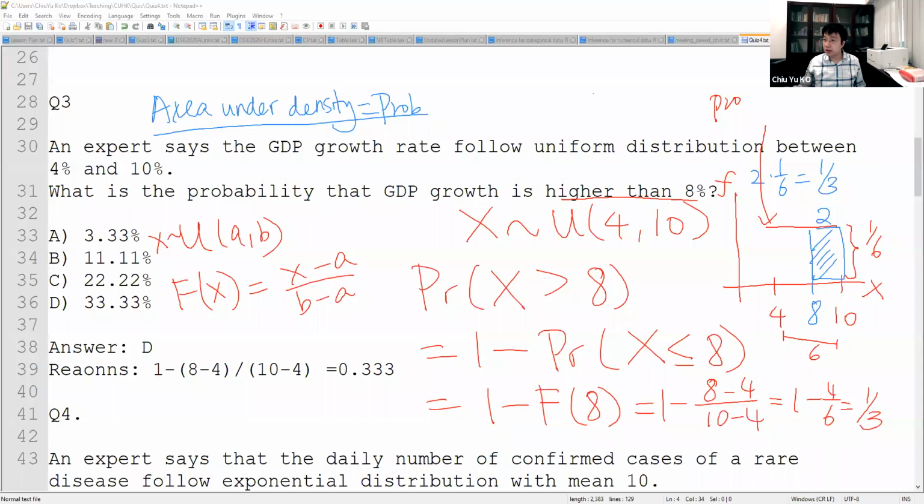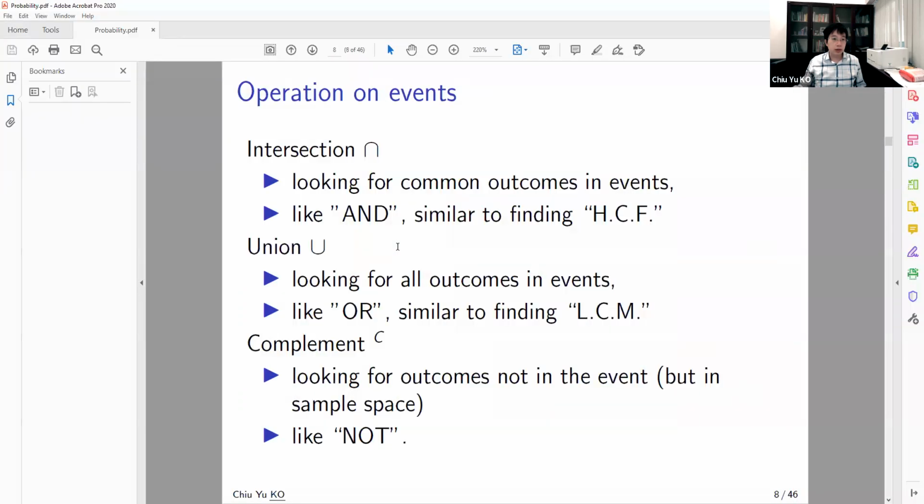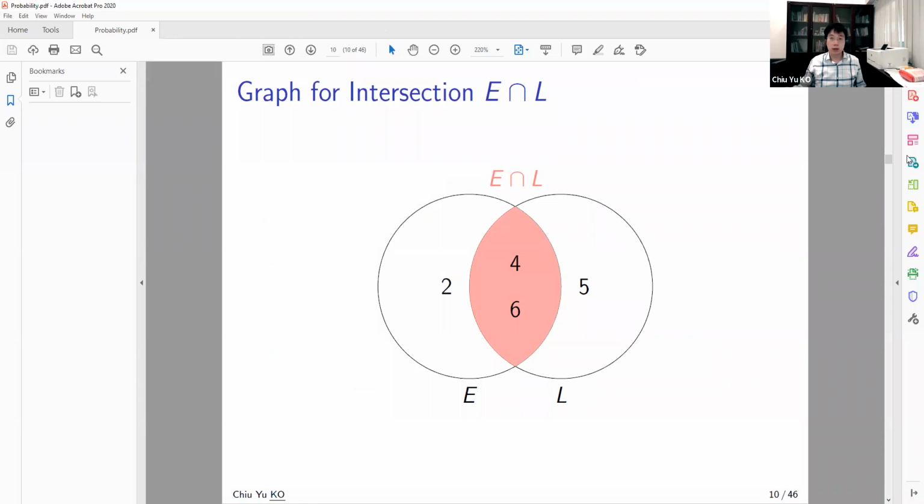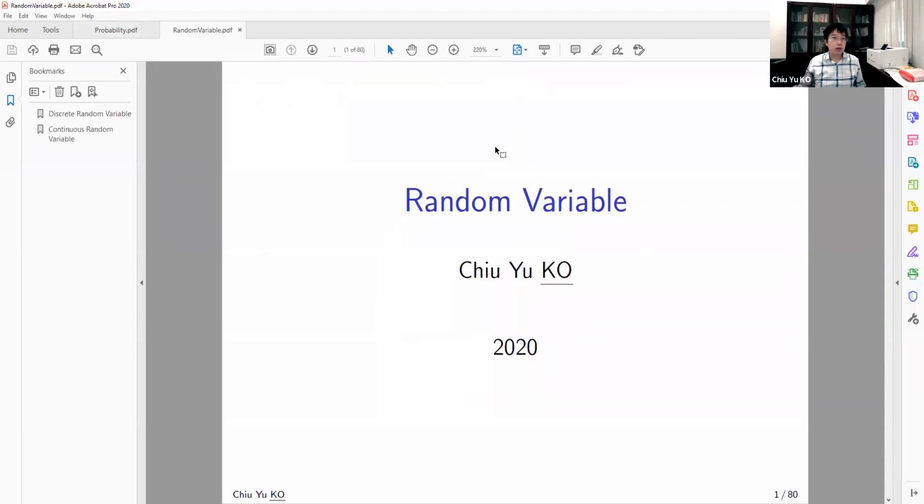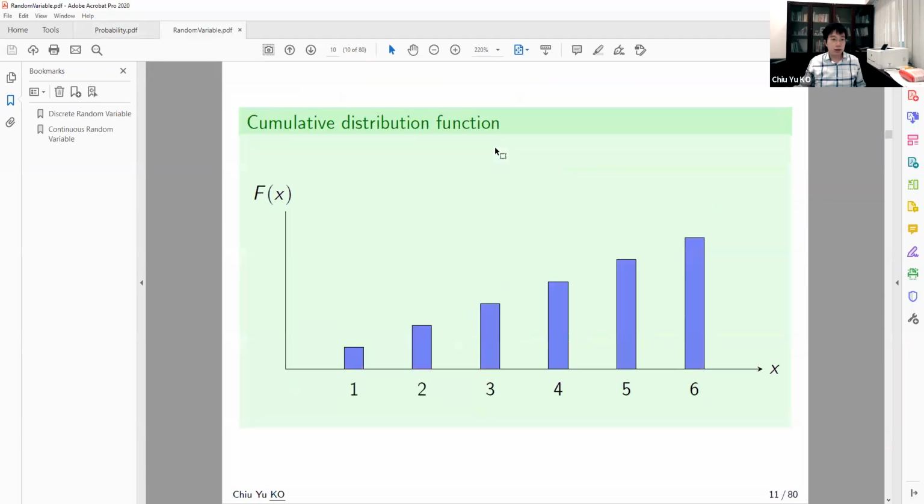What do you mean by accessible? So here, not probability. It is the random variable. So can you see the slide?